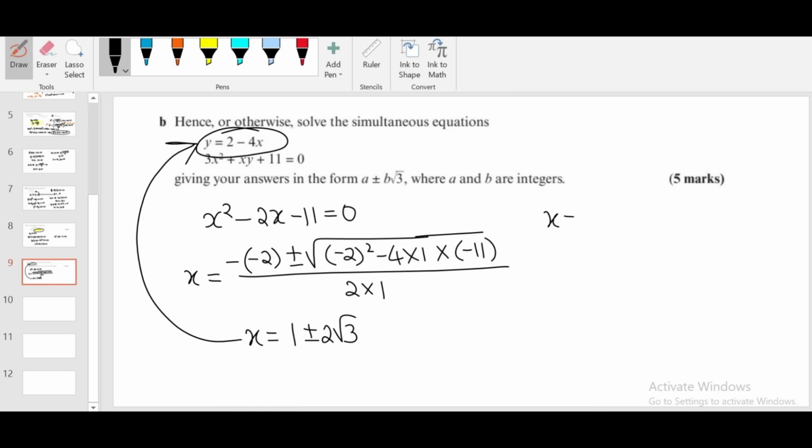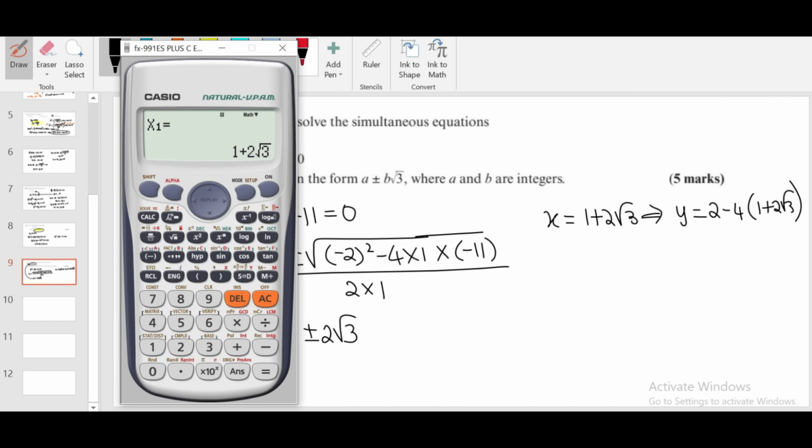So when x is 1 plus 2 root 3, y is equal to 2 minus 4x. 2 minus 4 times (1 plus 2 root 3). I'm going to put this in my calculator. 2 minus 4, (1 plus 2 root 3). Wait, I'm getting math error.